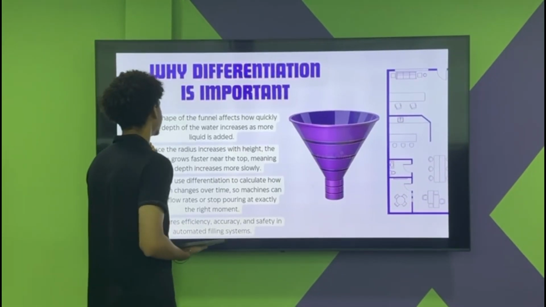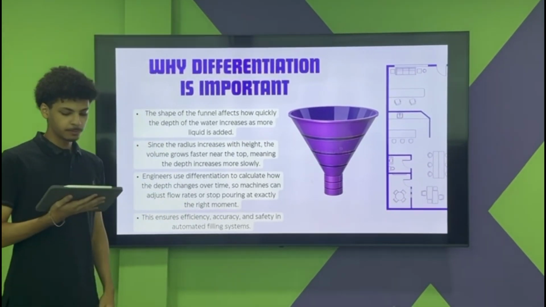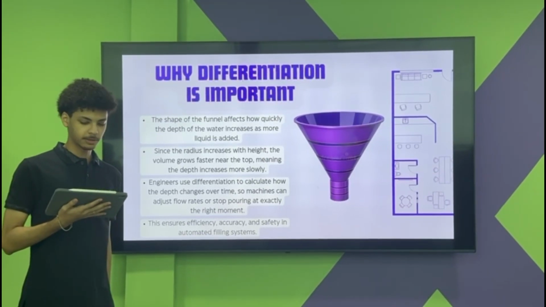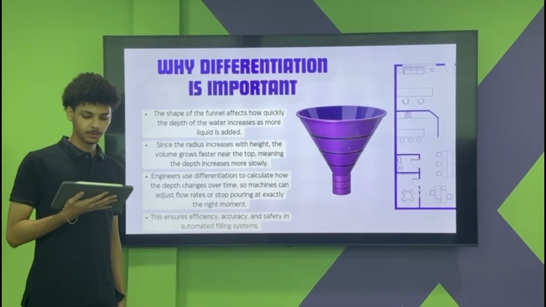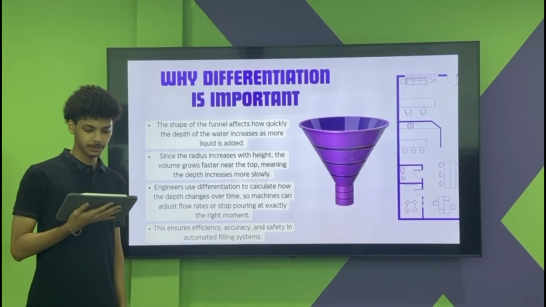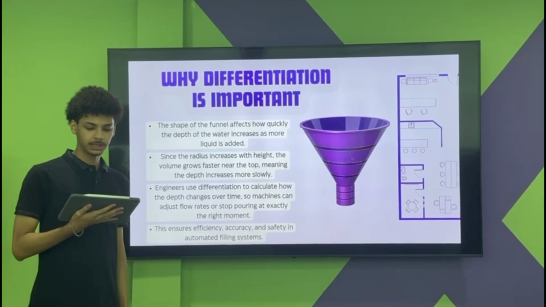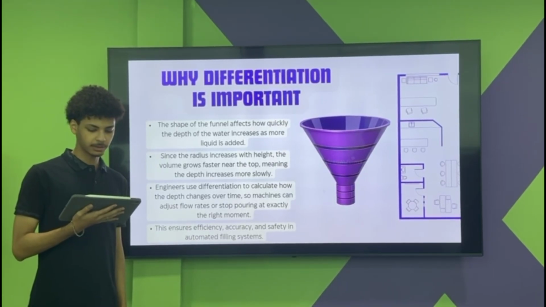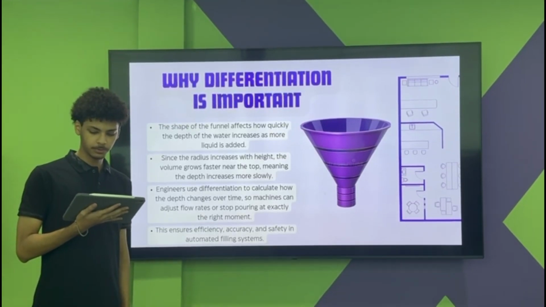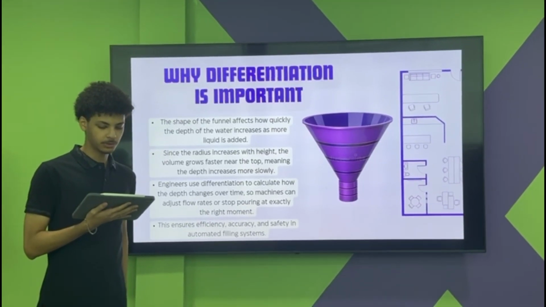Why is differentiation important? When pouring water into a funnel, the depth of the water doesn't increase at a constant rate. This is because the shape of the funnel causes the radius to increase with height, meaning that as more liquid is added, the volume grows faster near the top. As a result, even though more liquid is being poured in, the depth increases more slowly.